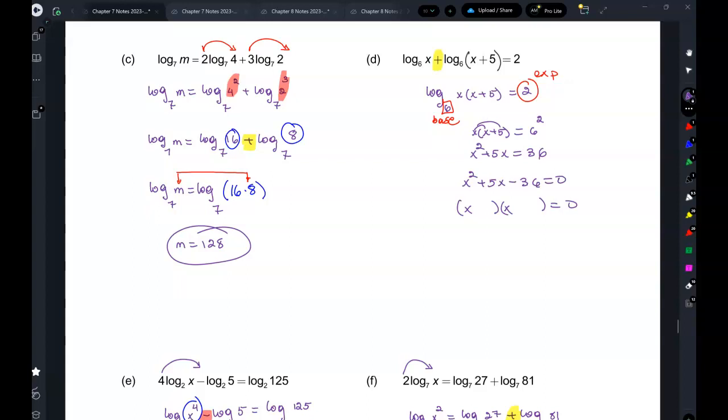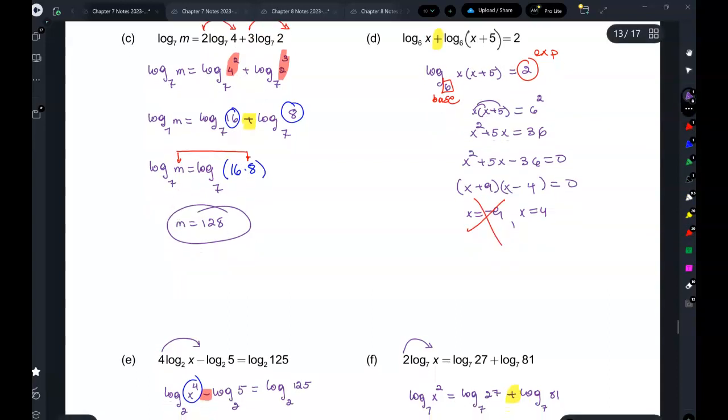So, plus 9 minus 4. So, x equals negative 9, and positive 4. Okay. Can you have x equals negative 9? No, you can't, because you can't have that in here, right? So that you throw away. So your only answer is x equals 4.